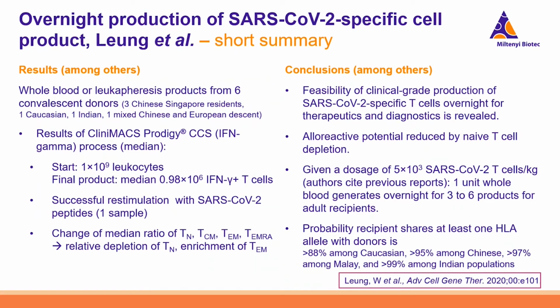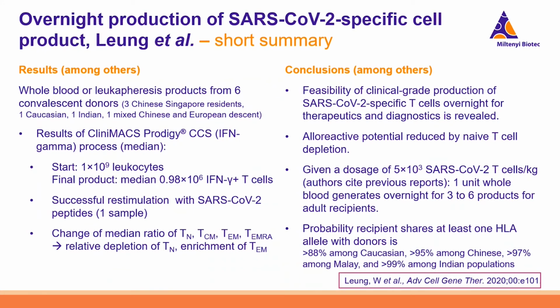To demonstrate functionality, one of the samples was successfully re-stimulated with peptide-loaded dendritic cells. Subgroup analysis revealed a relative depletion of naive T cells and an enrichment of effector memory T cells in the enriched fraction, suggesting that alloreactivity was reduced.